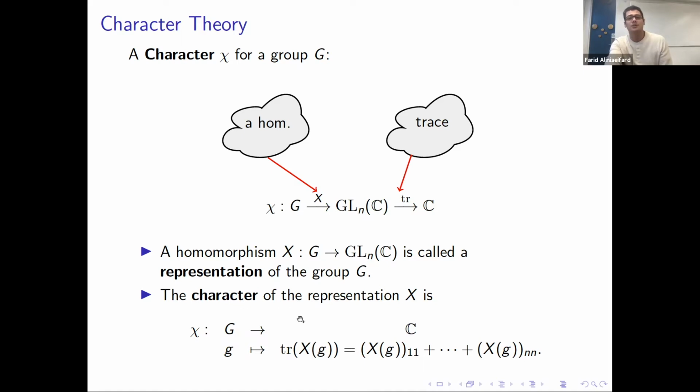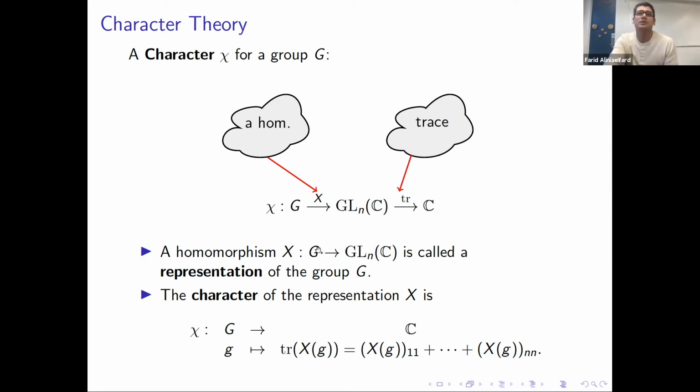And a character is actually the trace of that representation. So if I have my representation from G to GL_n, then I look at the trace of X(g), the image of g under the representation, and I look at the sum of the elements on the main diagonal. This will give me the trace, and this is called the character of that representation.